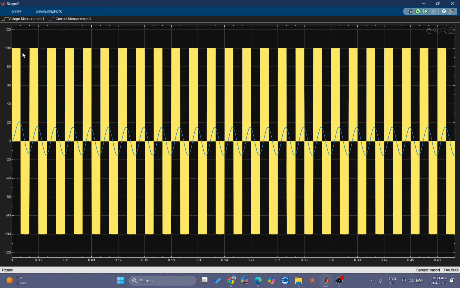I'm getting output positive 100 going to negative, positive, negative, positive. So it makes a sinusoidal wave, and we have converted 100 volt DC power into AC power.